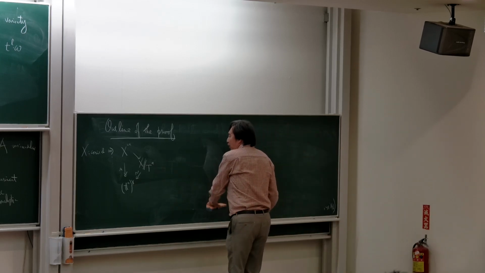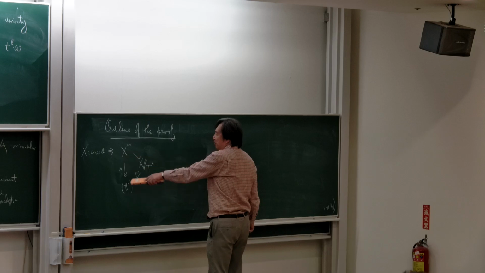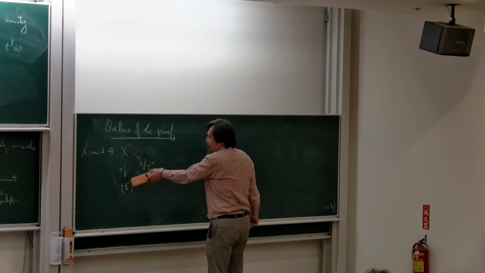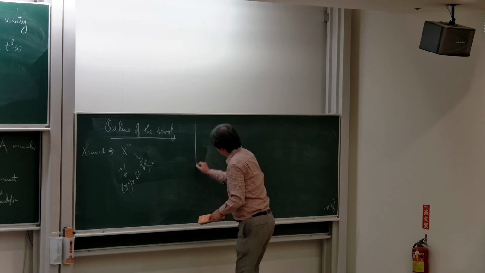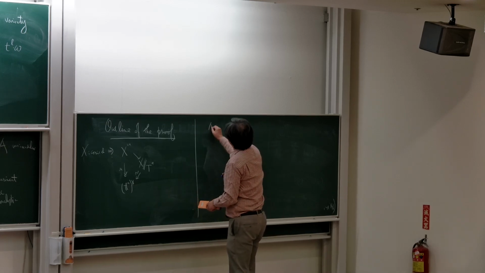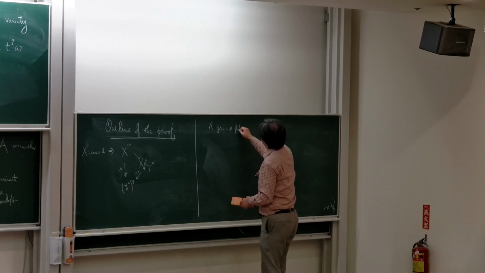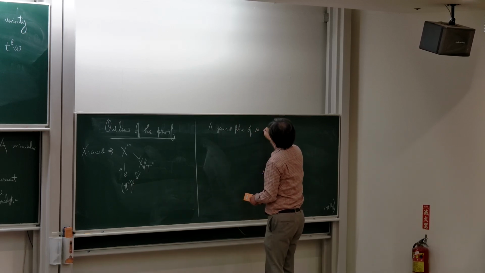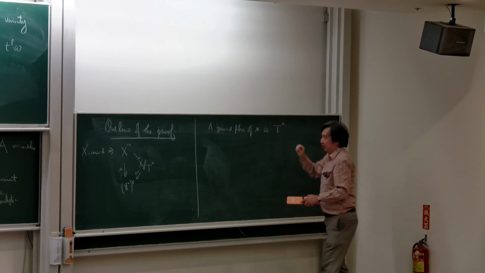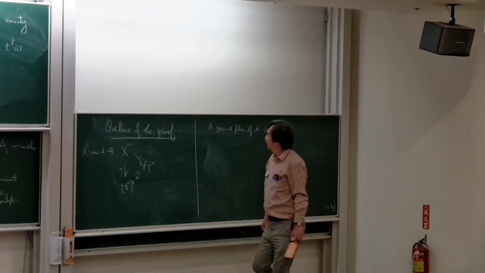So, what is the behavior? Let's look at the fiber of this mu. A general fiber of mu is just Tn because of the effectivity.